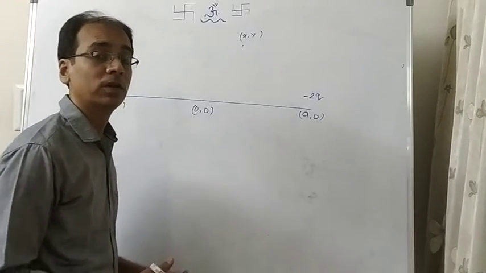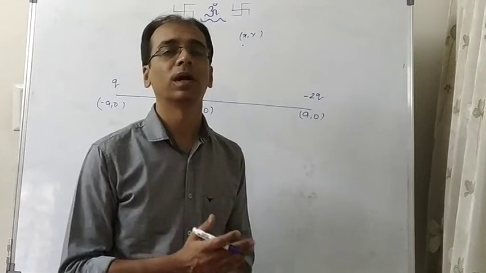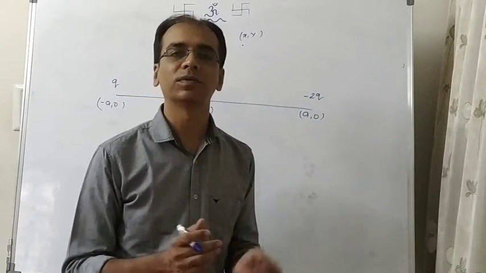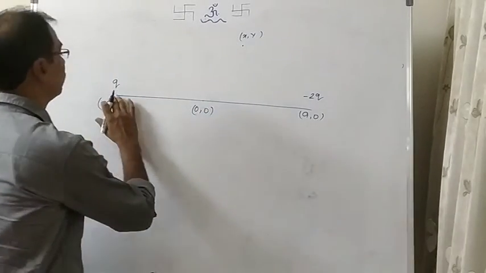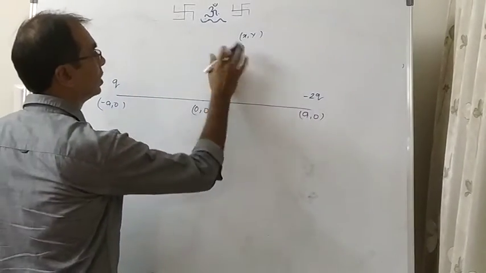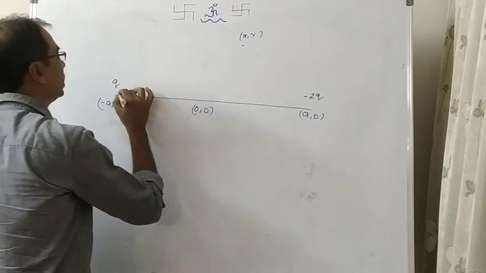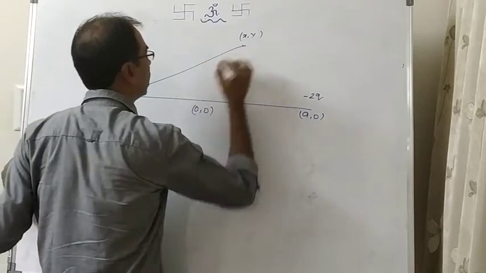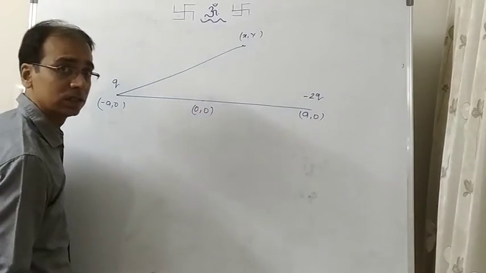First of all, what is the formula to calculate the potential? Potential is 1 by 4 pi epsilon naught q by r because of a point charge, right? So first I am going to connect this q with that point. Now I require the separation, or the distance, between the two.